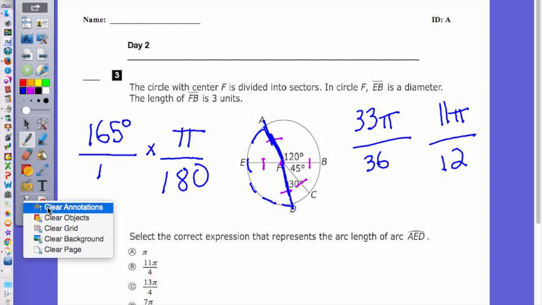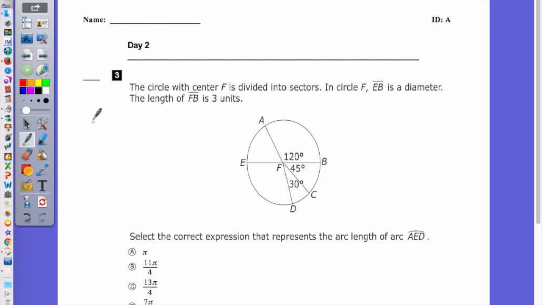Okay? I'm going to erase what I have here, and then I'm going to set this up. So I had 11 pi over 12 is the measure of the central angle, all over 2 pi. So Tyler, you said you did 165 over 360. You're doing it in degrees at this point. That's fine. Okay?